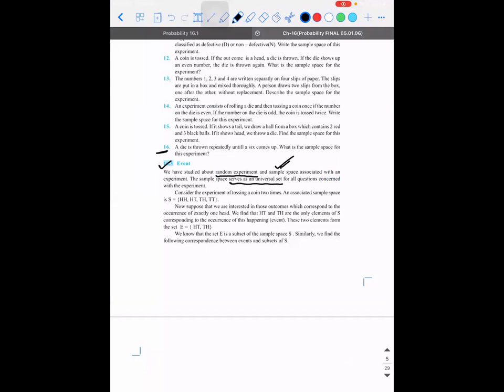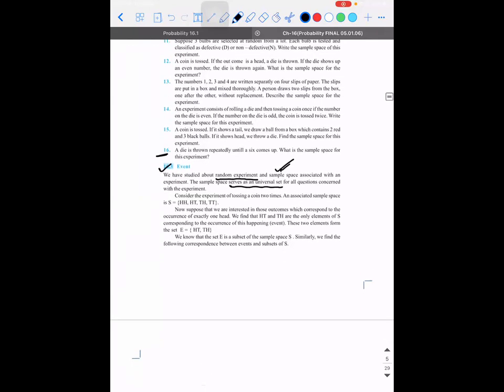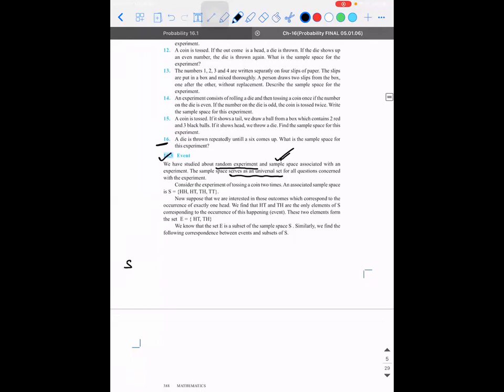So from that universal set, I can think of restricting my outputs by imparting certain conditions. If I take an example of tossing a coin, and I ask you what is the sample space: head head, head tail, tail head, and tail tail. Look at the way I'm going to define the events.